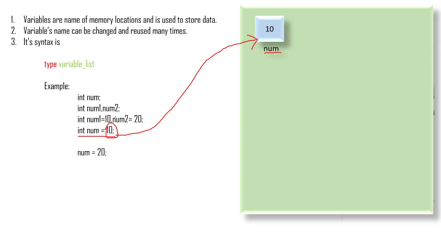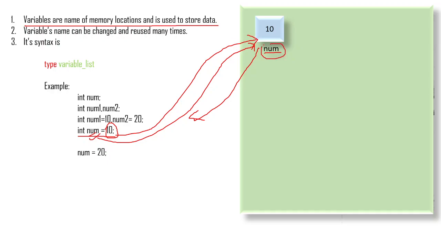In future, whenever we want the value of num, the computer will fetch the value from this location and return it. So this first point should be clear: variables are names of memory locations and are used to store data.